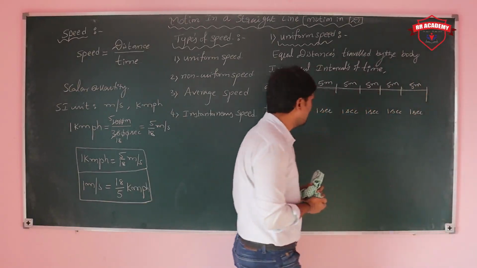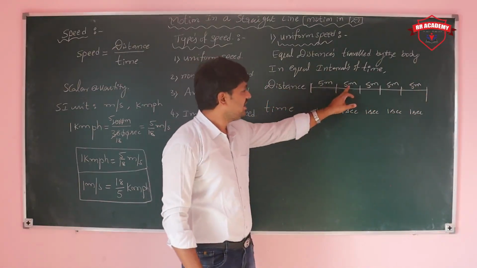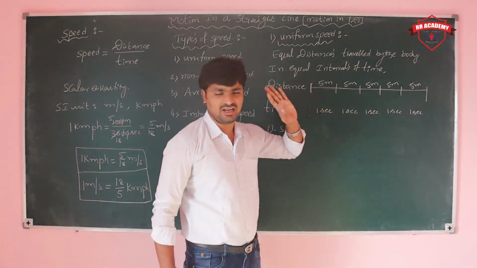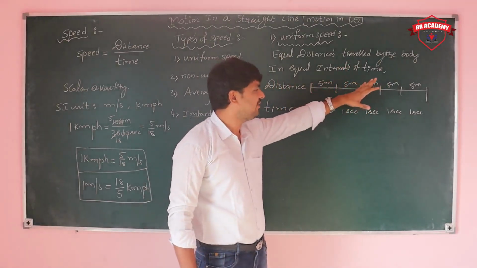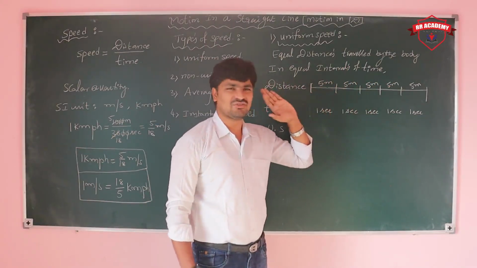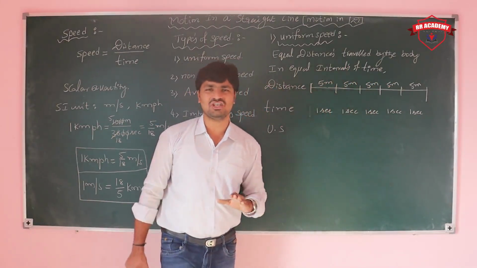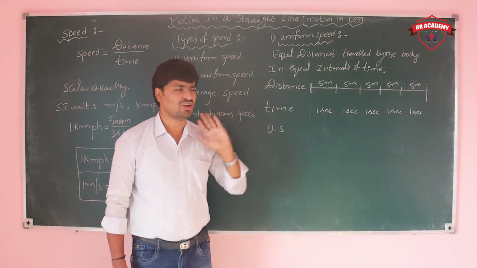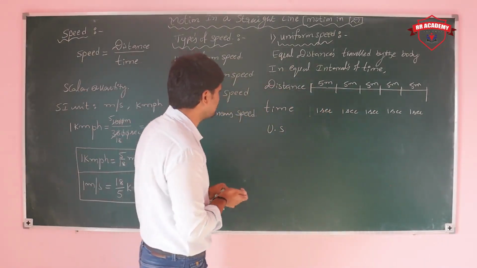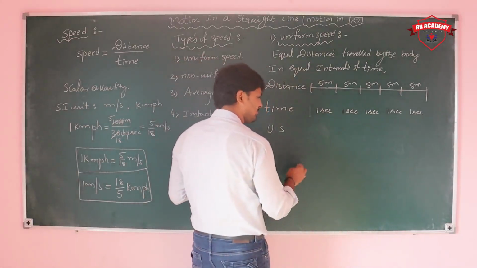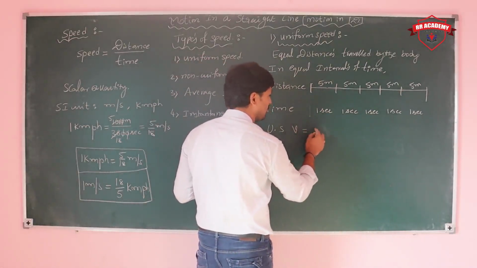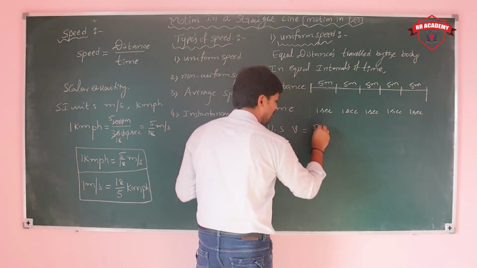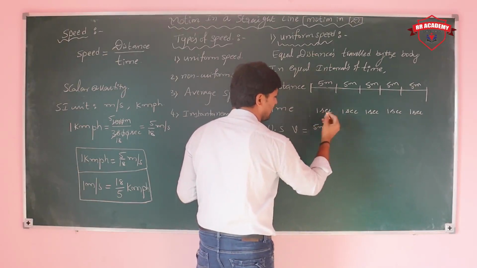You can observe here he has traveled equal distances in equal intervals of time. Then we can say the speed is uniform, nothing but constant, no change. The speed formula we use is distance upon time. In the first 1 second, what is the speed of the person? 5 meter per second.